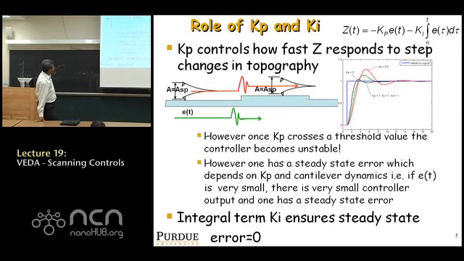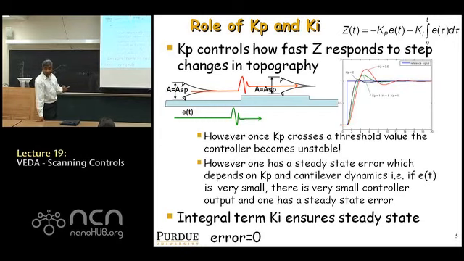Okay? The other thing you have to be careful about with the proportional gain is that as the error signal becomes small, the amount of Z motion also becomes small, right? It's linearly proportional. That sometimes is a problem because it doesn't settle easily to a steady state value. Whereas if you include integral control, it's looking at the history of error.